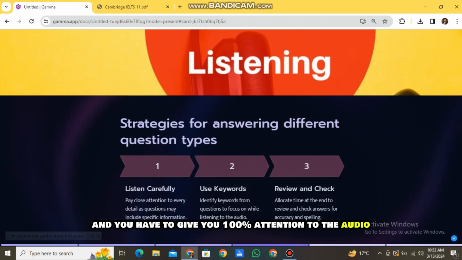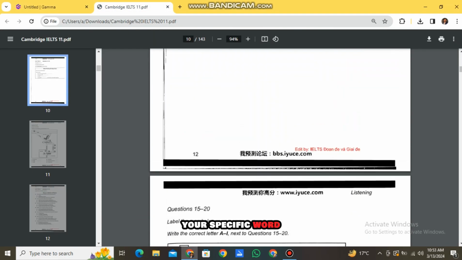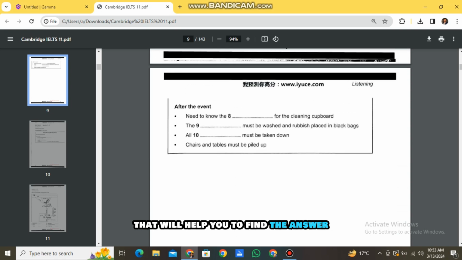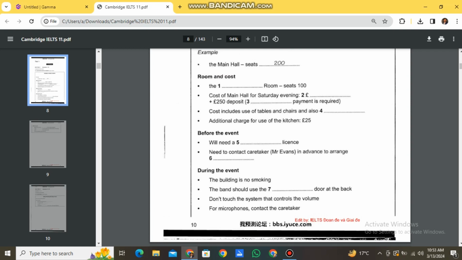Second thing, you have to mark down the keywords, identify keywords. What does that mean? You have to read the questions and identify what could be your keyword, your specific word that will help you to find the answer. Now, if we see this question, the dash room, the room is our keyword.